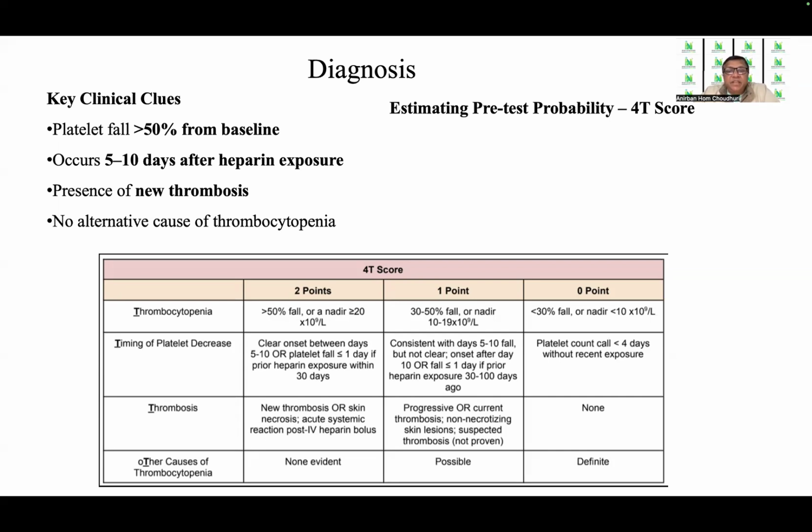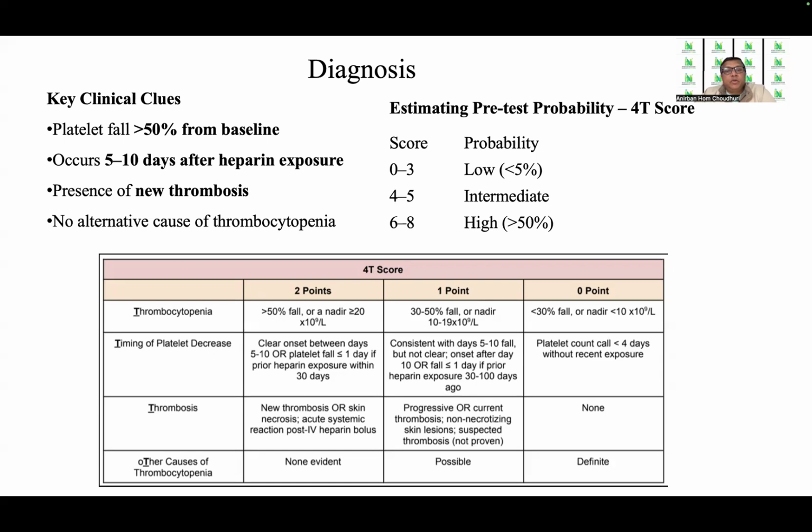And similarly, if the fall in the platelet count is less than 30%, or the nadir is less than 10 x 10 to the power 9 per liter, with the timing of platelet count fall of less than 4 days without recent exposure, no thrombosis, and there are definite other causes of thrombocytopenia, then the point is 0. So if the score is between 0 to 3, the probability is less than 5%.